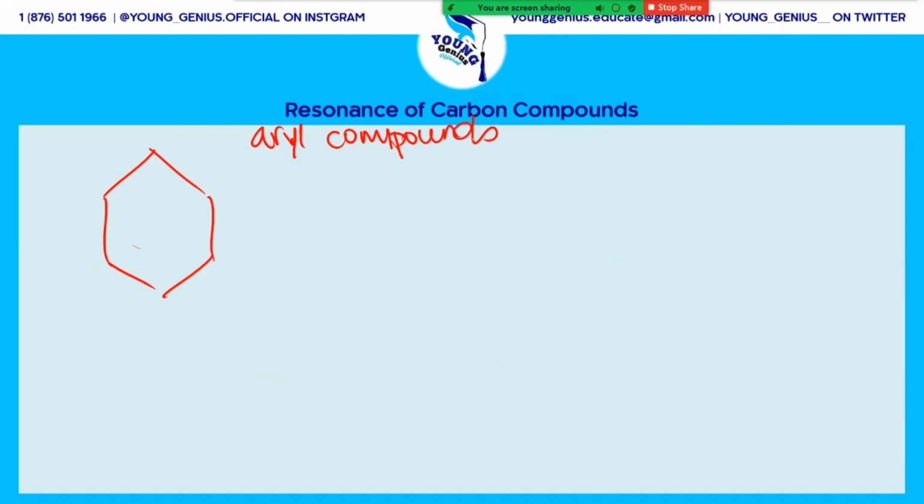All right, so in this case, you know that benzene has alternating double bonds. And so it can exist like this, or it can exist like this. So I hope you're seeing the difference.